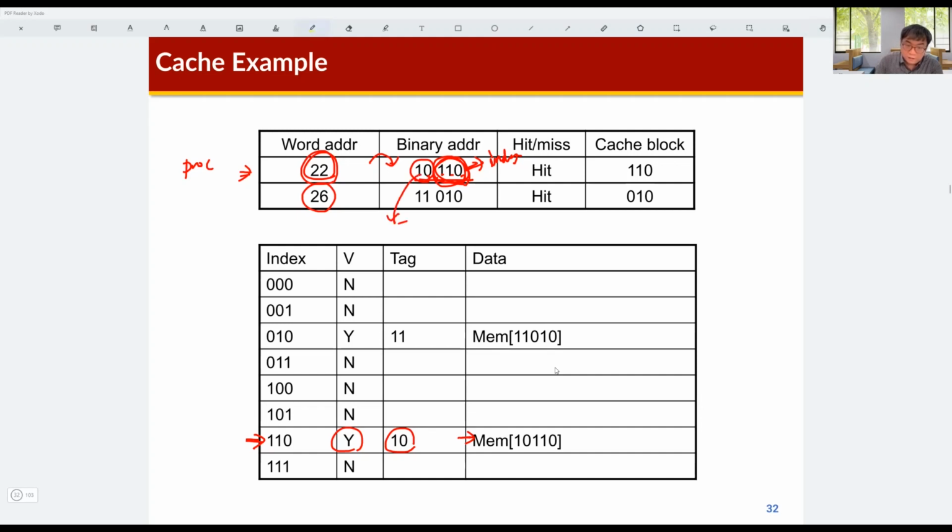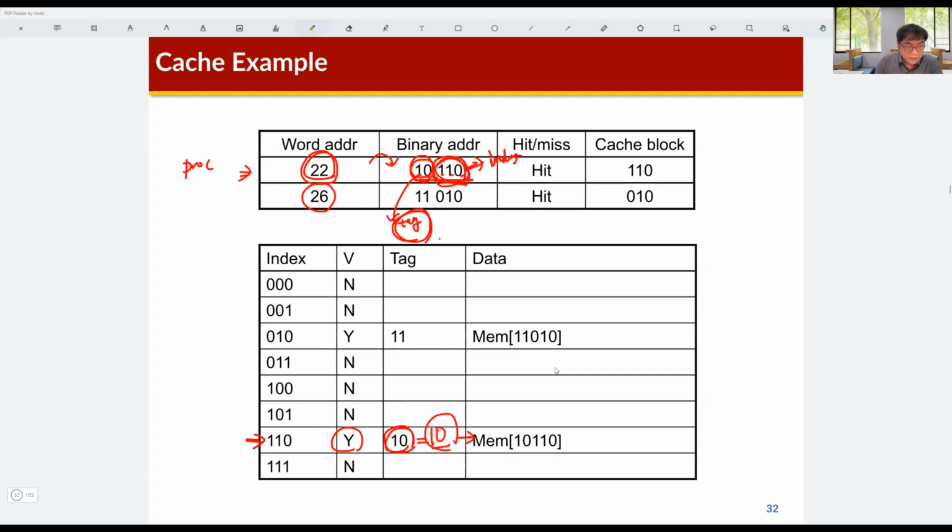Then we compare the tag part of the requested address and the tag stored in the cache. They are the same.